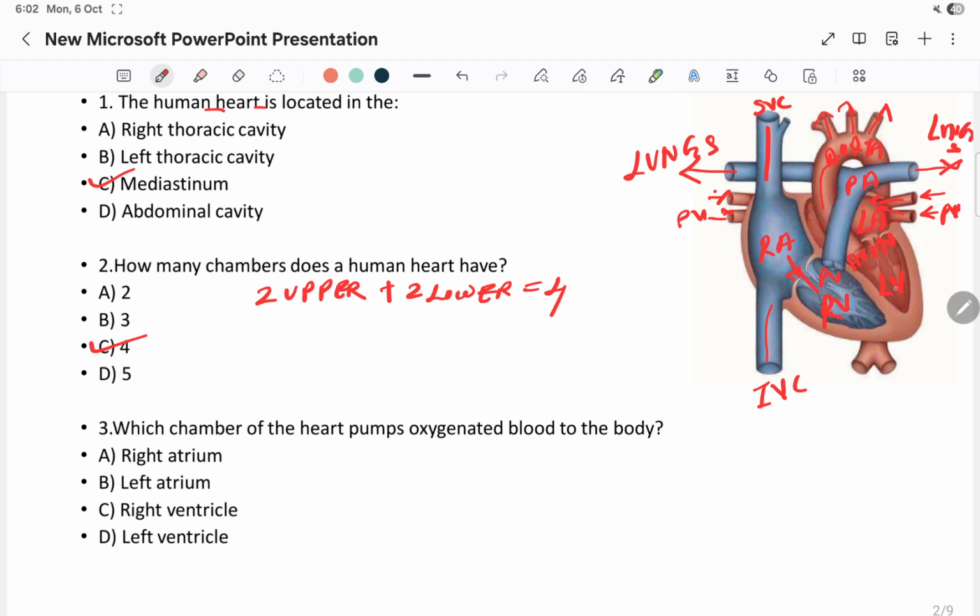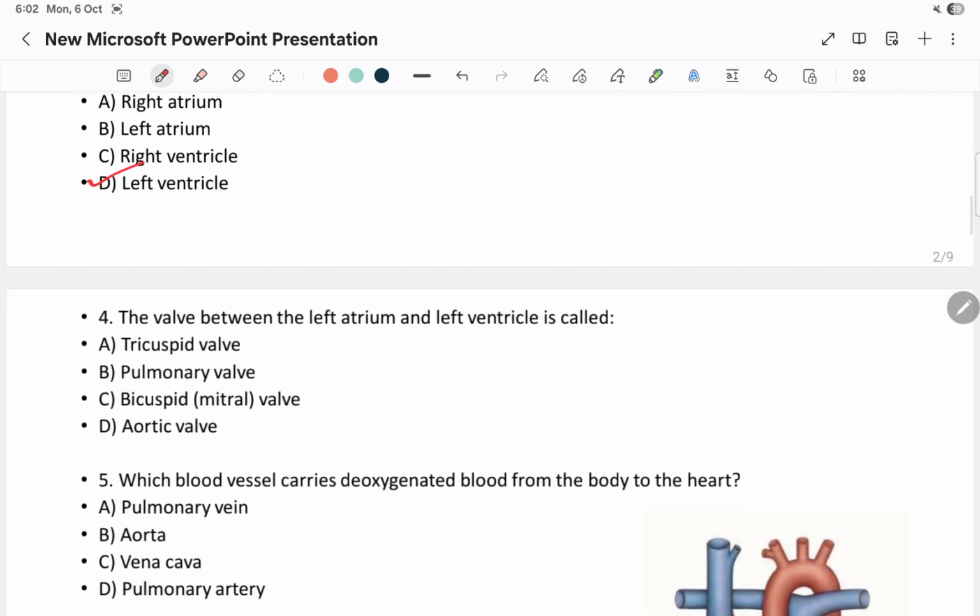So they are asking about the chambers, not the blood vessels. So the right answer will be left ventricle. Option D is the correct answer. Now let us move to the next question.